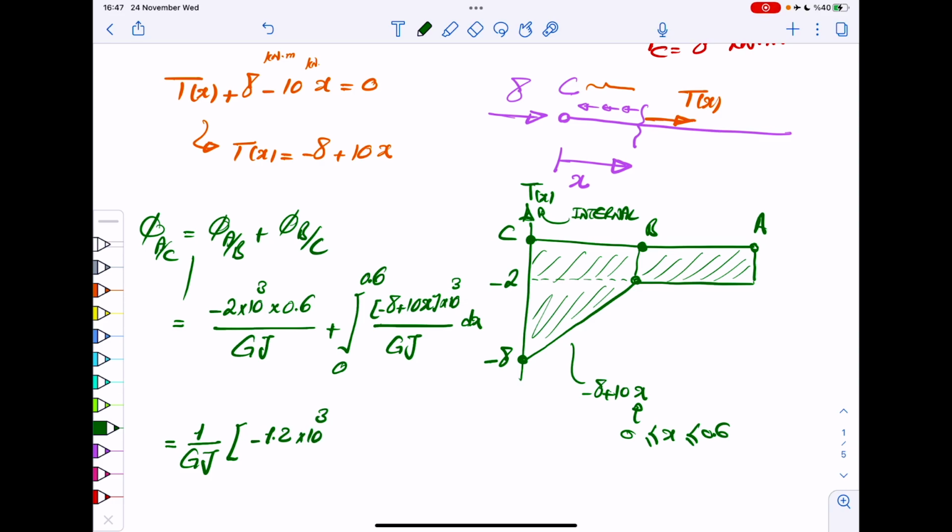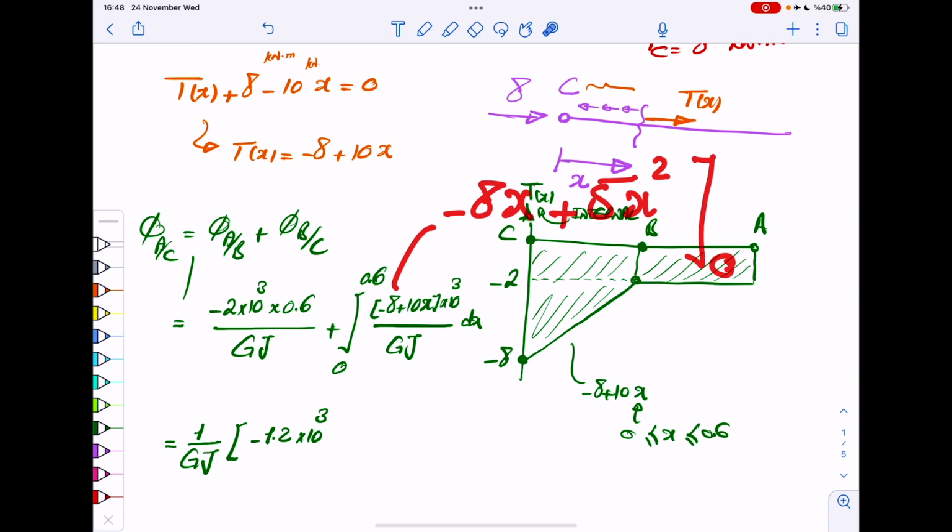From the integral, let's do the integral together a little here. So this would be minus 8x plus 5x squared from 0 to 0.6. At 0, it just gives you 0. At 0.6, this gives you minus 4.8, and the other one gives you plus 1.8.